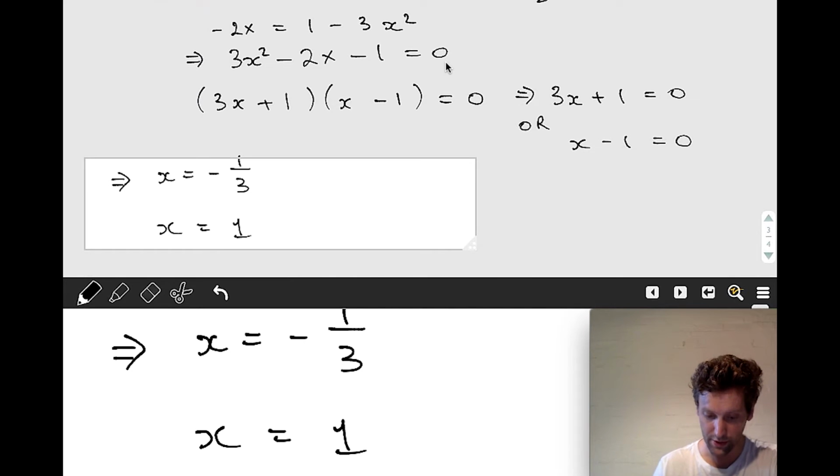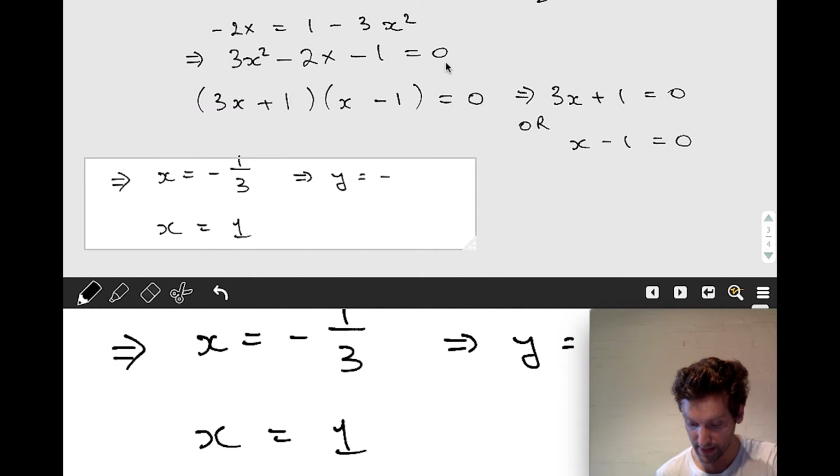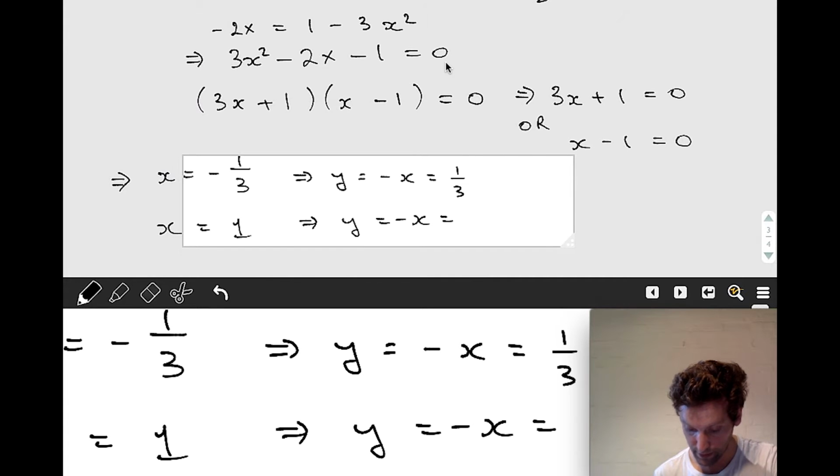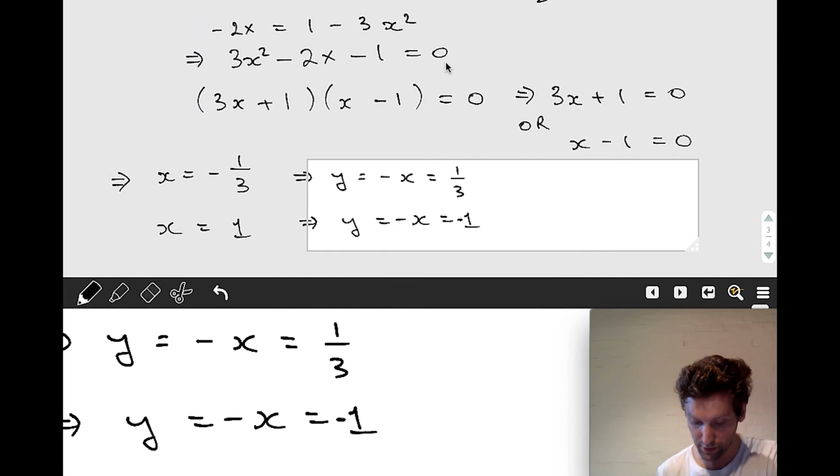Now let's go back and substitute in those expressions into our expression for y. Remember that y was equal to minus x in this case, so it's equal to 1/3 for x is equal to minus a third, and it's equal to minus 1 for x is equal to 1. So that gives us two sets of points.